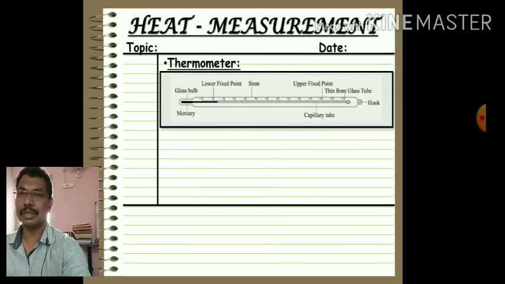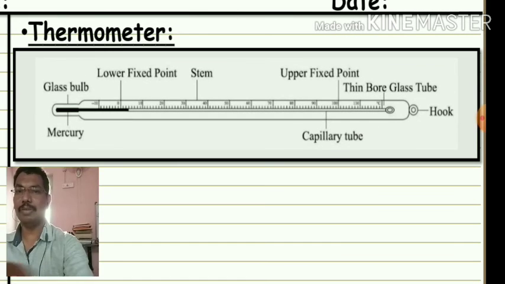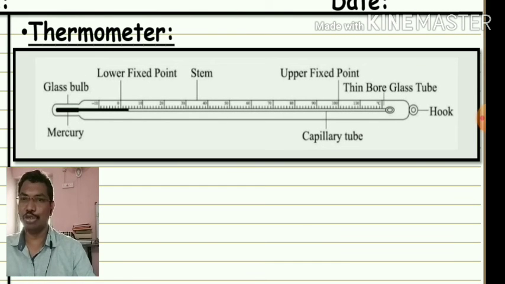Thermometer. This is the structure of a thermometer, where it contains a long glass tube with a capillary, a small gap, inside. At one end it has a glass bulb, and at the other end it is closed.